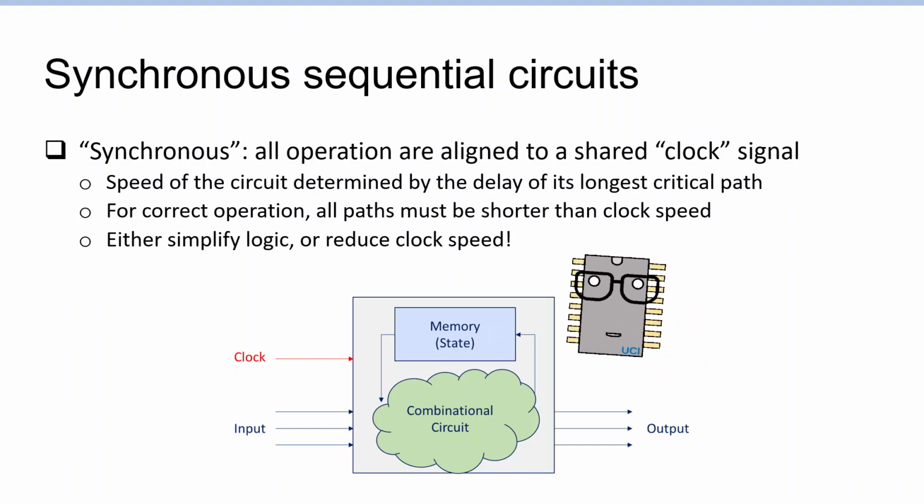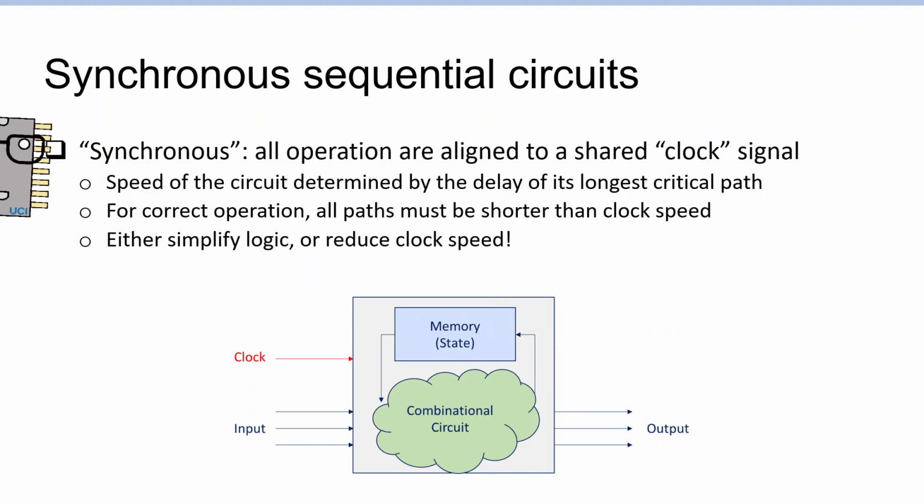In synchronous sequential circuits, all operations are synchronous. Instead of what I alluded to so far, where we have a new set of inputs coming in every time the propagation delay of the circuit has passed, all operations, including all sequential circuit propagation, are aligned to a shared so-called clock signal.